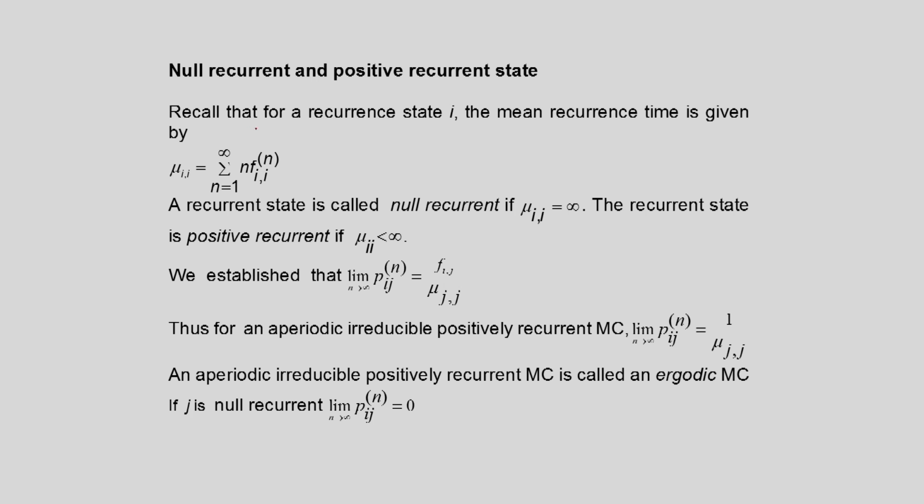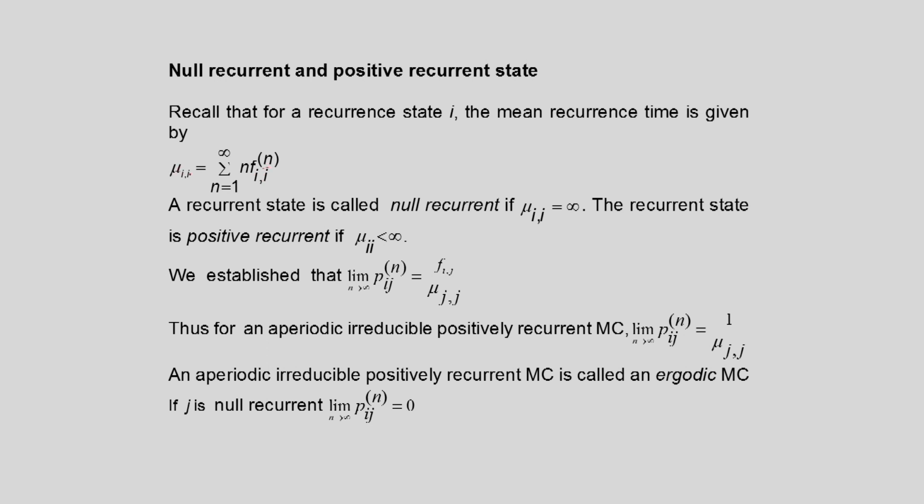Recall that for a recurrent state i, the mean recurrence time is given by mu i. What is this? The first return may be at step 1, it may be at step 2, like that. So mu i is the summation over n from 1 to infinity of n f_i^n.